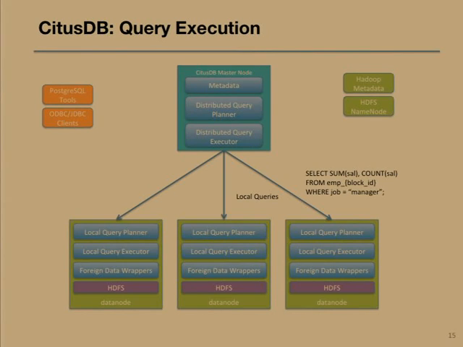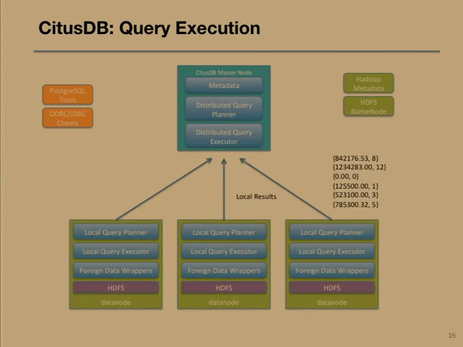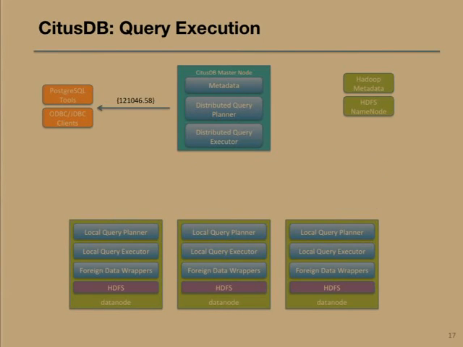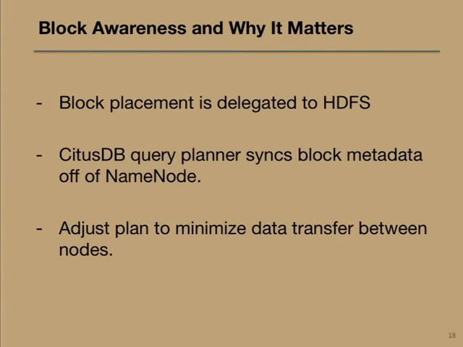There's effectively one query per foreign table, where each foreign table maps to a block on one of those data nodes. The worker nodes execute those fragment queries and generate partial result sets, which are returned to the master node, which merges those results together and returns a final answer to the client.